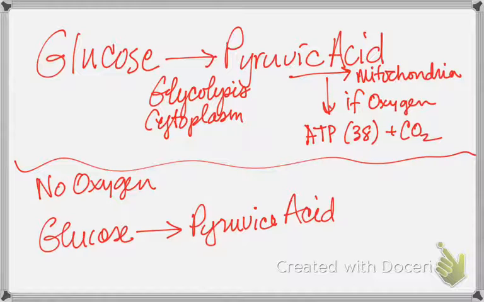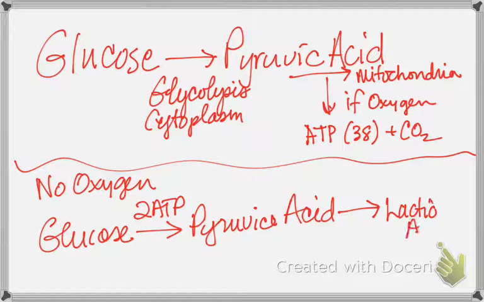Sorry for the messy handwriting. You still do glycolysis, which gives you 2 ATP. And then you can't do cellular respiration. You take pyruvic acid and turn it into lactic acid plus carbon dioxide, and you only make 2 ATP. So at least you get some.